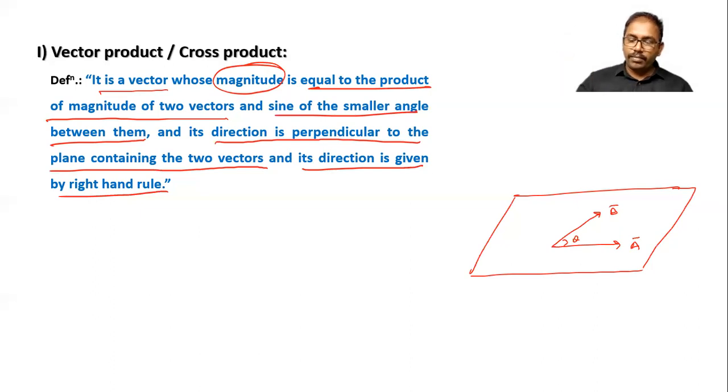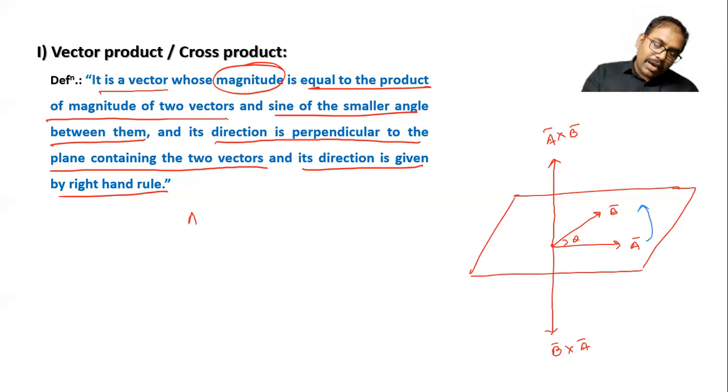Here we are talking about A to B. When we curl the fingers in the direction of A to B, then the thumb is in the upward direction. So the thumb gives us the direction of A bar cross B bar. And B to A is in the downward direction, so B bar cross A bar is in the downward direction.